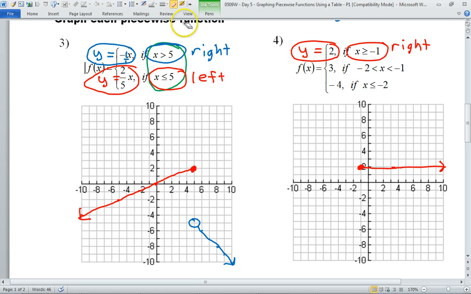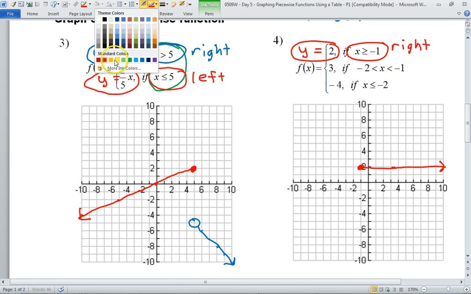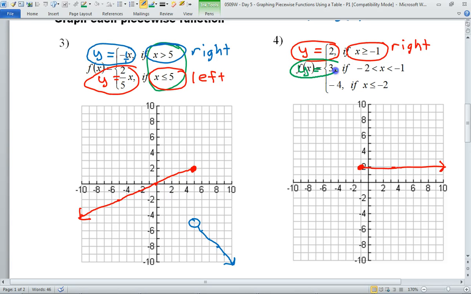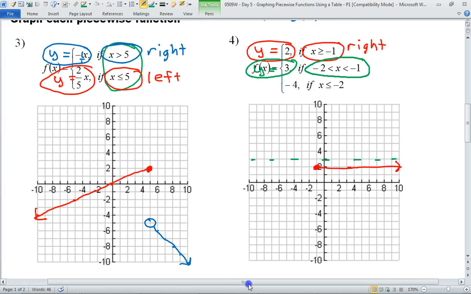All right, look at the next one. Let's do green on this one. This one is y equals 3. So that's a horizontal line at 3. But I'm going to do the part that is between. And when you see a compound inequality like this, I want you to think the word between.